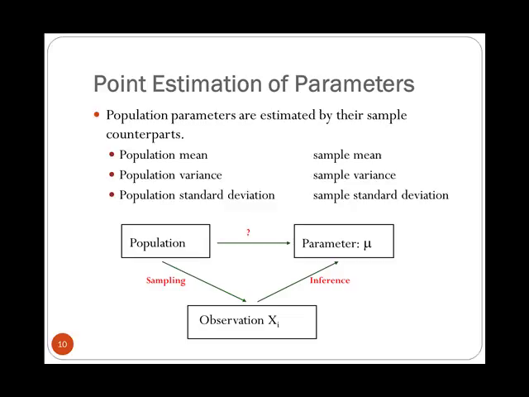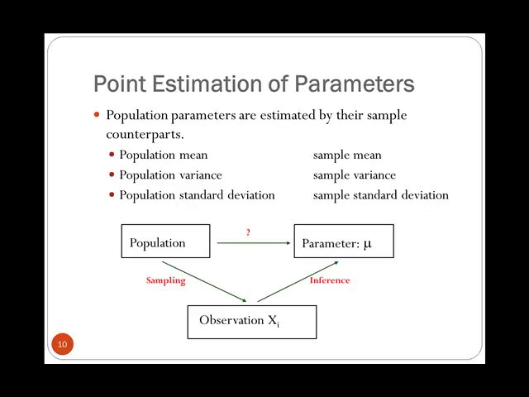Let's look at point estimation of parameters. Population parameters are estimated by their sample counterparts. For example, the population mean can be estimated by the sample mean, and the population variance can be estimated by the sample variance.